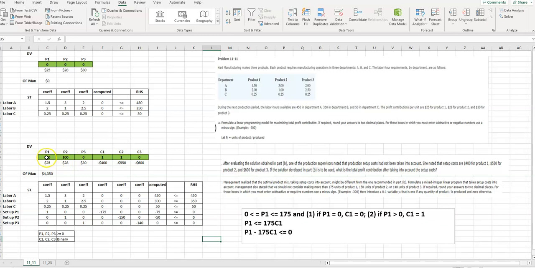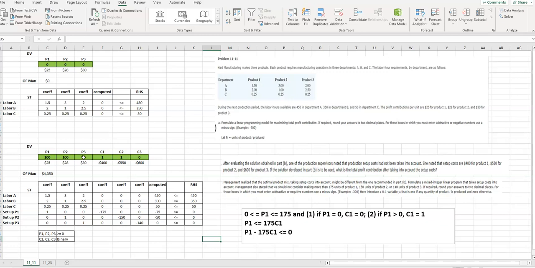Since P1 is being made, then C1 has to be 1, and it is, right? So I'm picking up this cost of the setup. P2 is being made, so C2 is being picked up as a cost as well. So we're subtracting 550. And notice here that P3 is not being made.